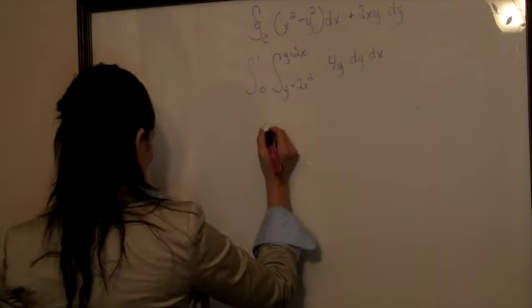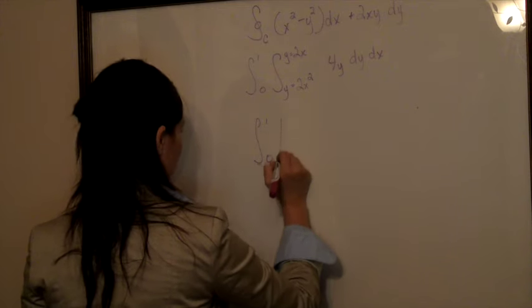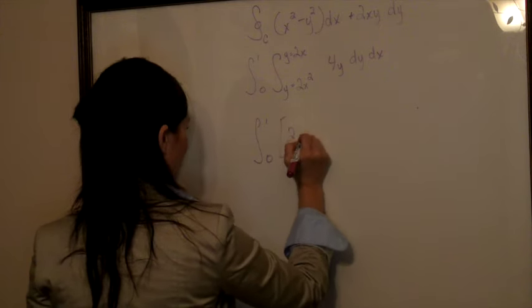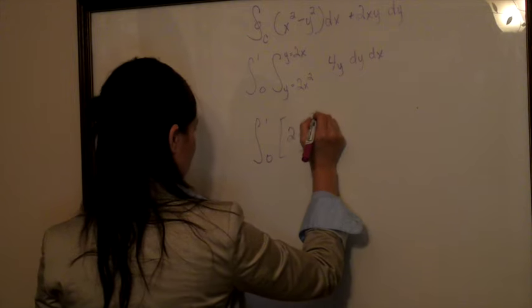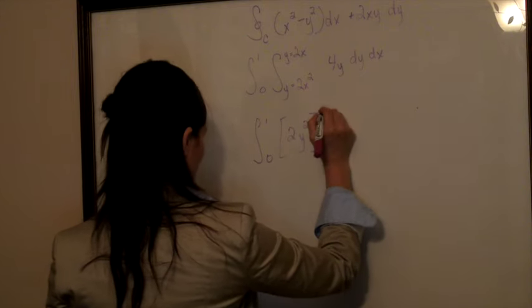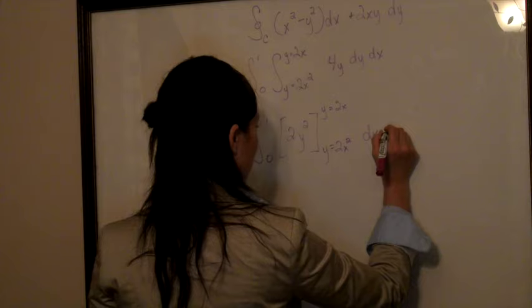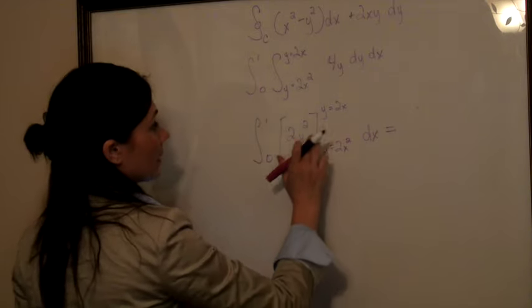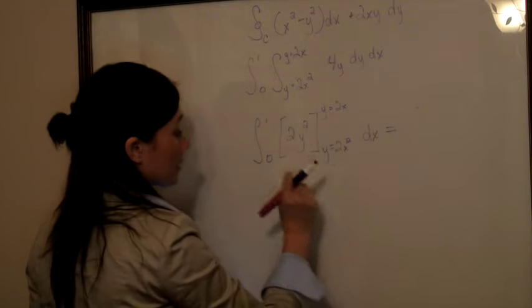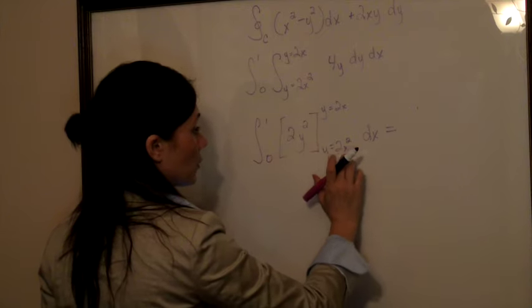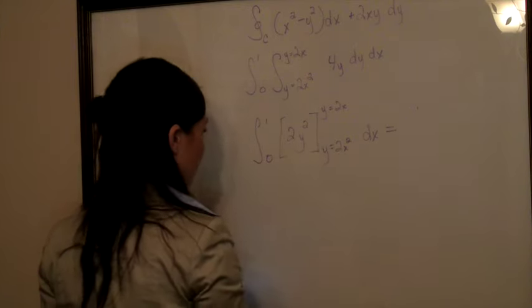When we calculate this, we get the integral from 0 to 1 of 2y squared, and again we're taking this with y equals 2x for our upper and y equals 2x squared for our lower, dx.